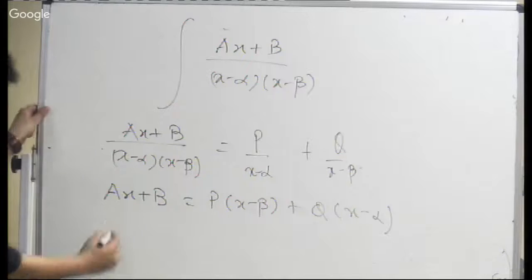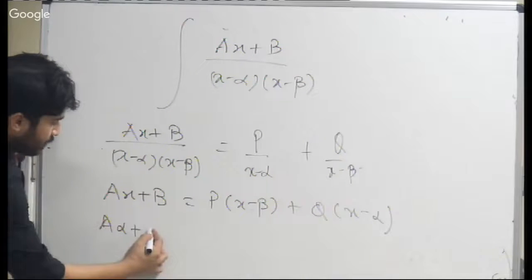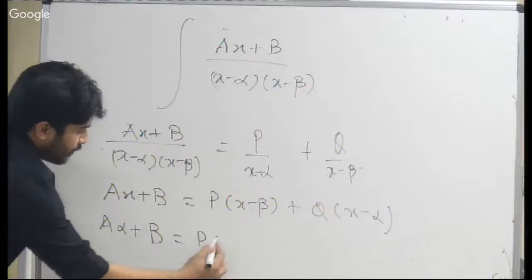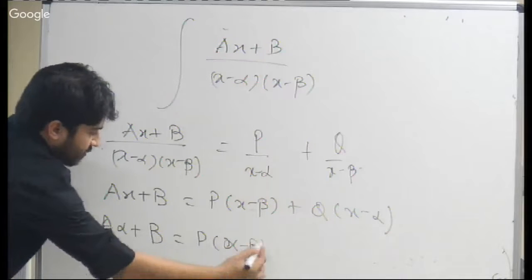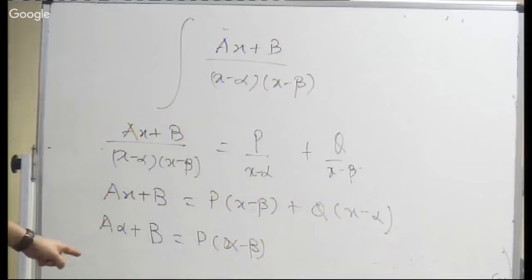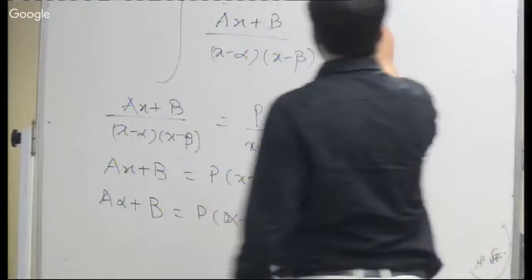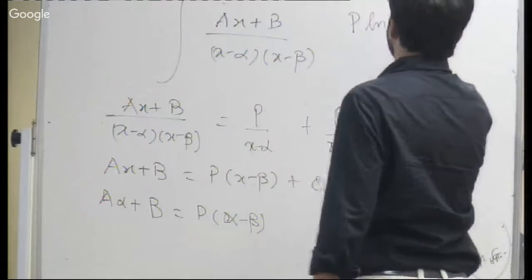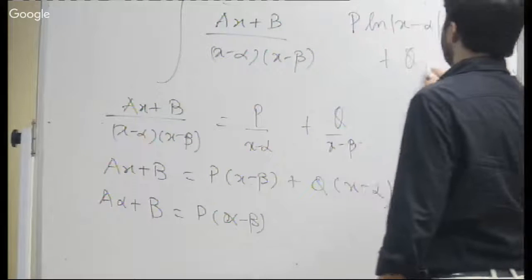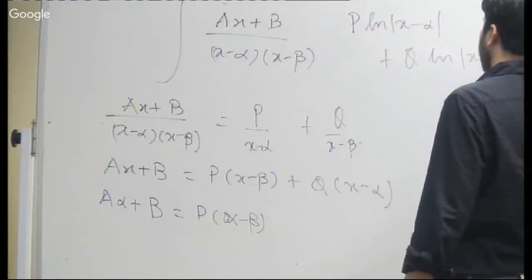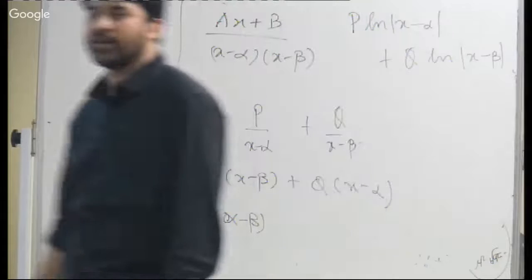So it will become a alpha plus b is equal to p into (alpha minus beta). I got my p. Similarly, I got my q. And my answer became p ln|x minus alpha| plus q ln|x minus beta|. This is partial fraction.